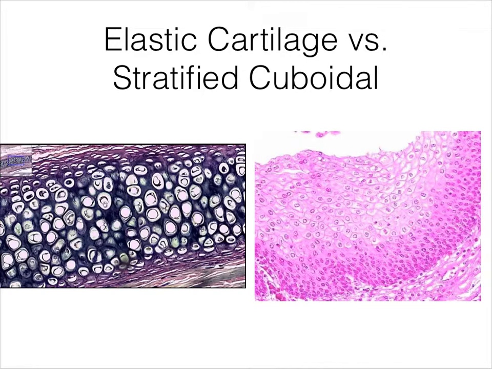And last, you can tell by the typical lacuna with chondrocytes inside of them in the elastic cartilage tissue.